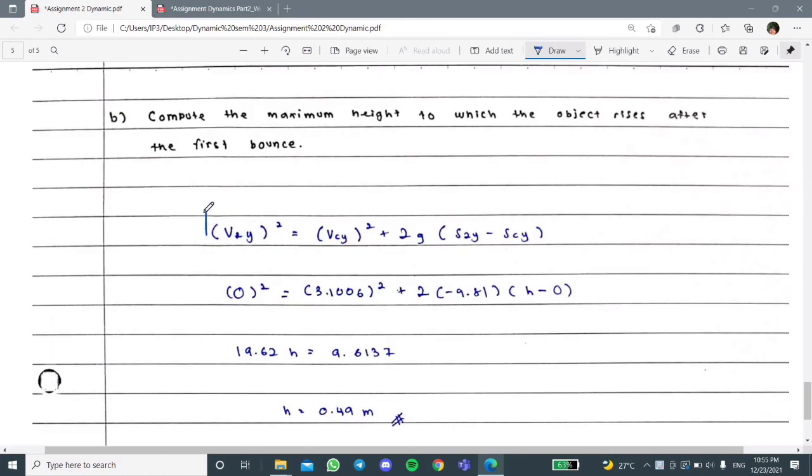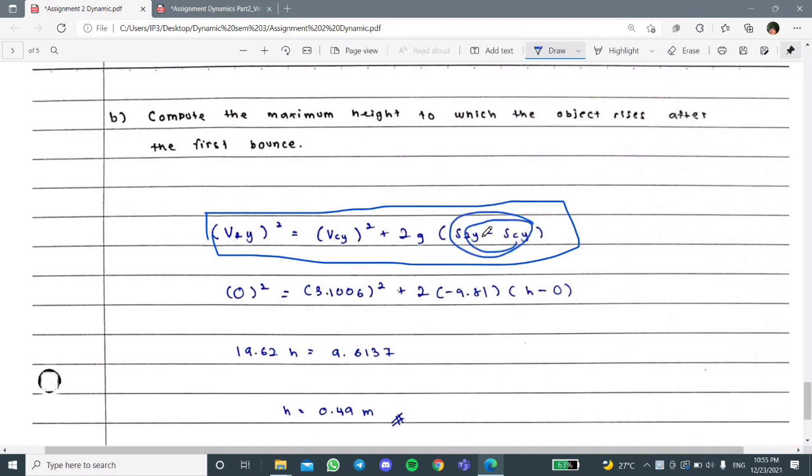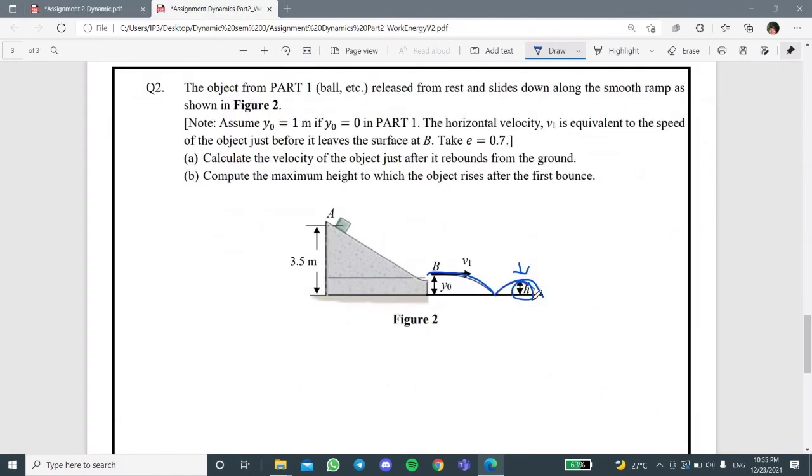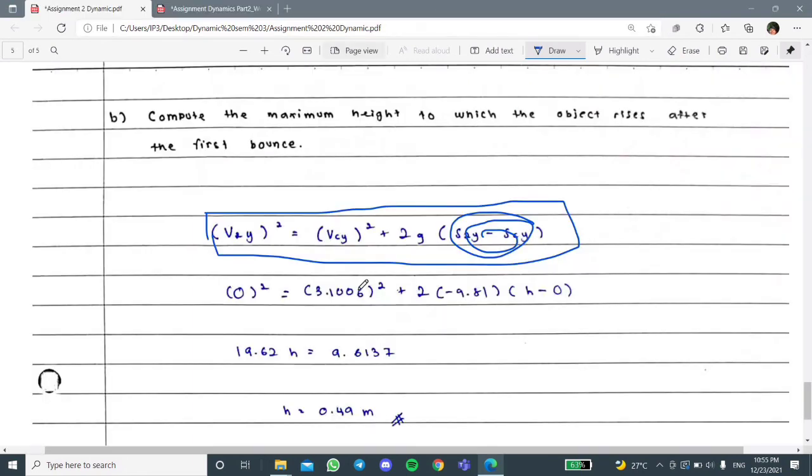We use the same equation, but the difference is these two values. At the lower point we put 0, and at this we put H for height.